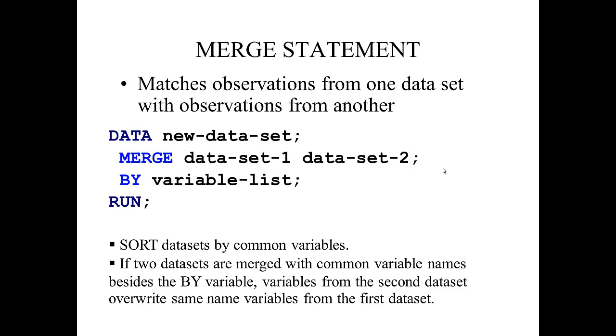So let's say you have a variable on your first dataset, such as BMI, and then you have the same variable BMI on the second dataset, and you're merging by patient ID. BMI from the second dataset is going to overwrite the BMI on the first dataset. And we'll look at examples of that when I do the SAS demonstration video.